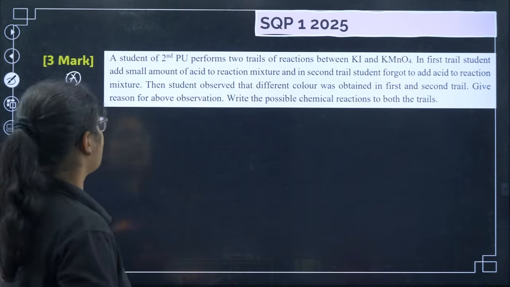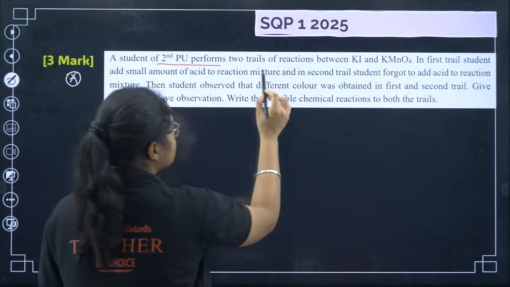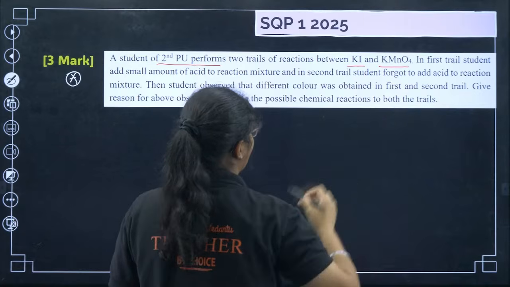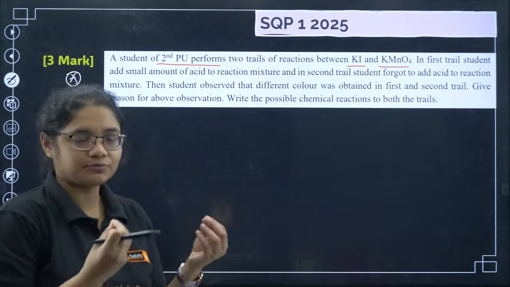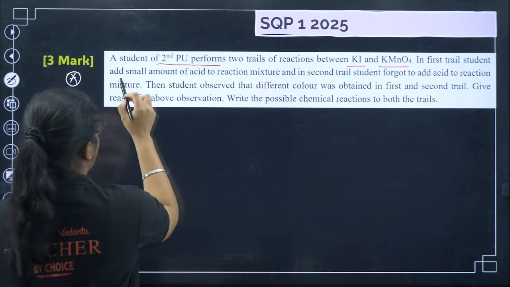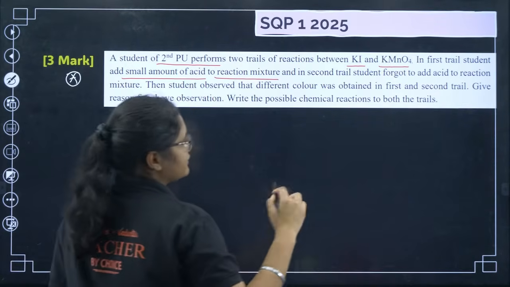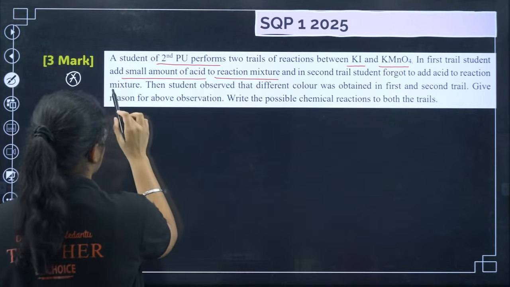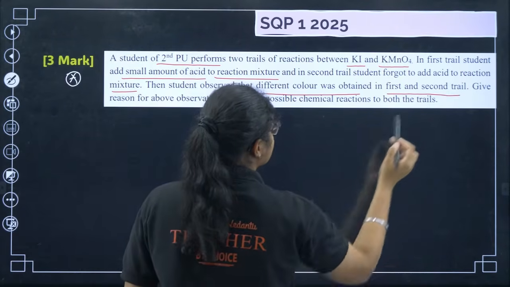A student of second PU performs 2 trials of reactions between KI and KMnO4. In the first trial, the student adds a small amount of acid to the reaction mixture, and in the second trial, the student forgets to add the acid. The student observed that a different color was obtained in the first and second trial.